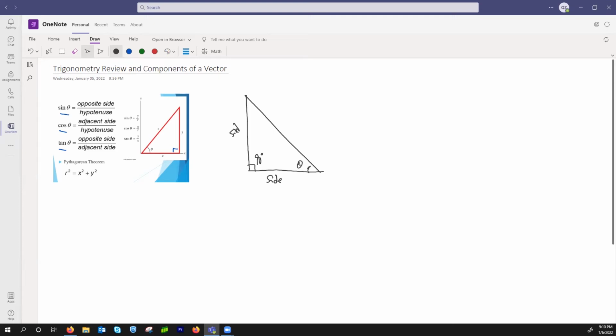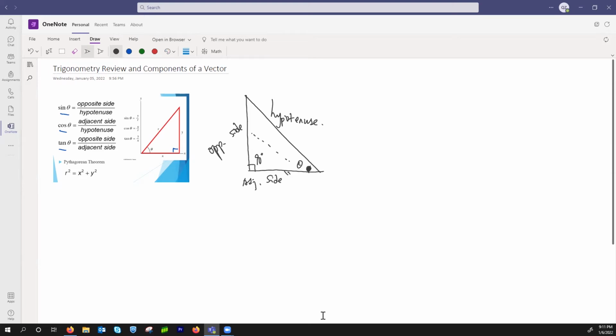This one is also called a side. And the longest one, we call it the hypotenuse. And once we define the angle theta, then the side that is next to it, we call the adjacent side. The side that is opposite to the angle, we call the opposite side.